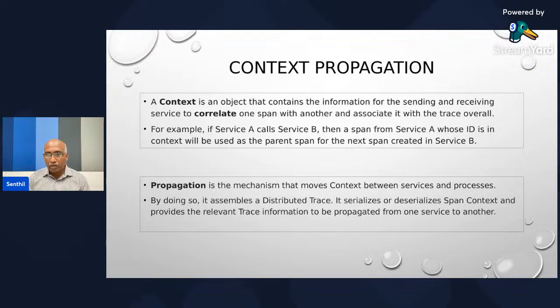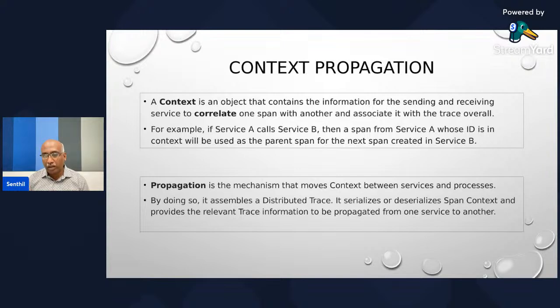When this request goes to microservice B, let's say using a REST API call, which is sent over HTTP, this context object gets serialized and added into a particular HTTP header of the request. OpenTelemetry also defines some of the headers which you can use for this context propagation. And by the way, you don't have to worry about all these things in your code.